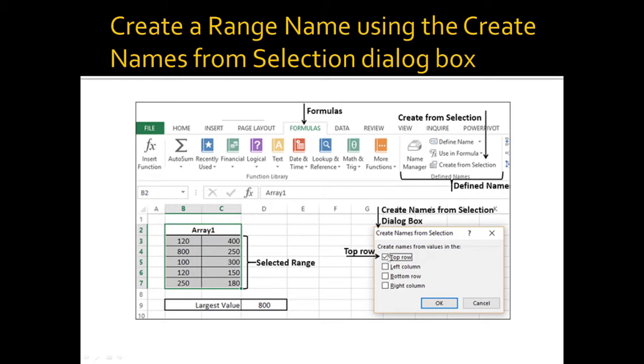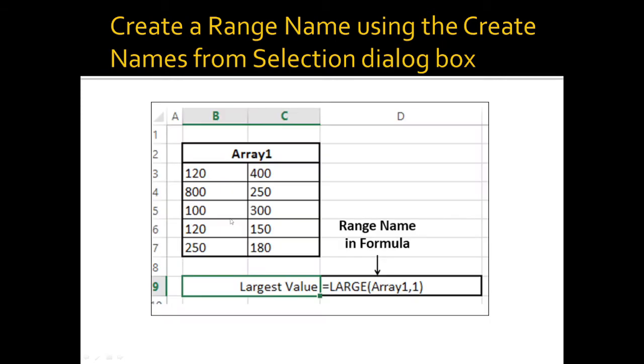We use Top row because the top row here will be the name that will be created. So to check, here we can have your largest value, large array 1. And that is now to check if we really have the correct name, or if we were successful in creating the name.